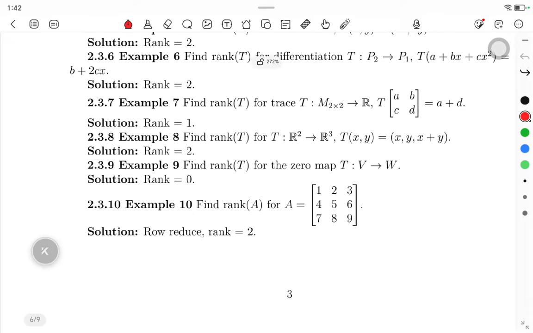We have that A is equal to 1, 2, 3, 4, 5, 6, 8, 9.